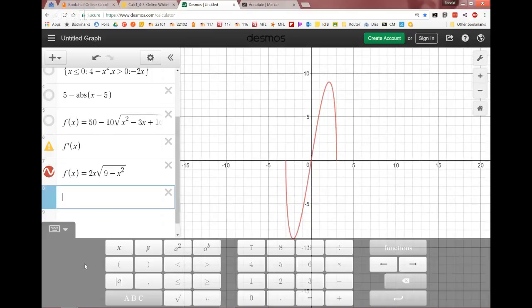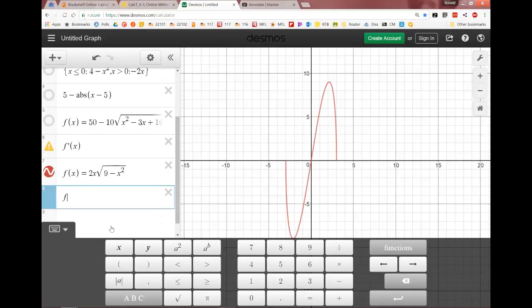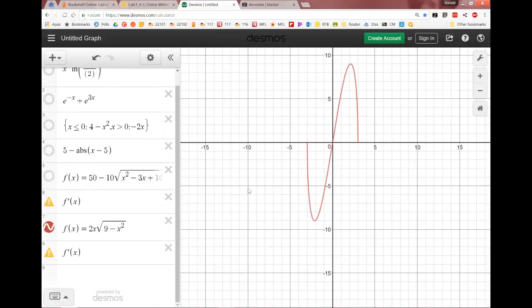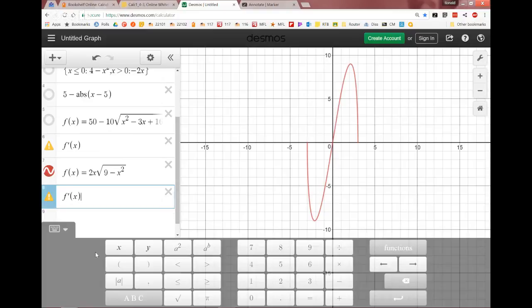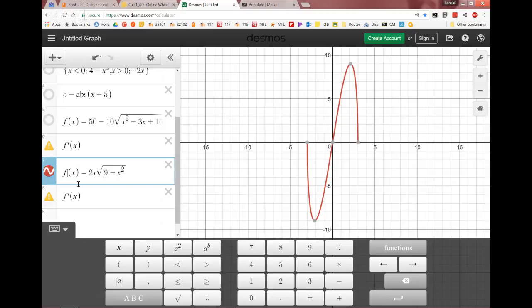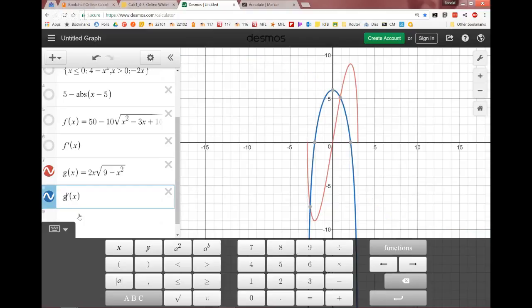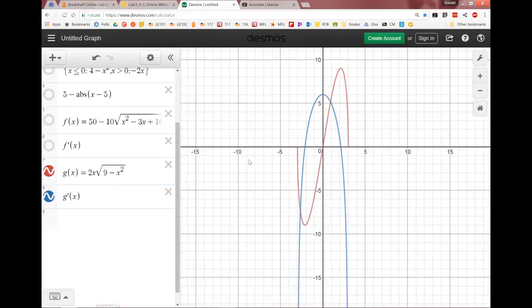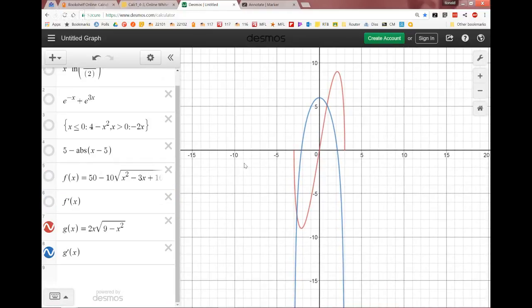And then we can do f prime of x. It's not doing it. All right, you know what? I'm going to use g of x, it would be less confusing here. There we go. So now in red, that's the original function. In blue, that's our derivative.